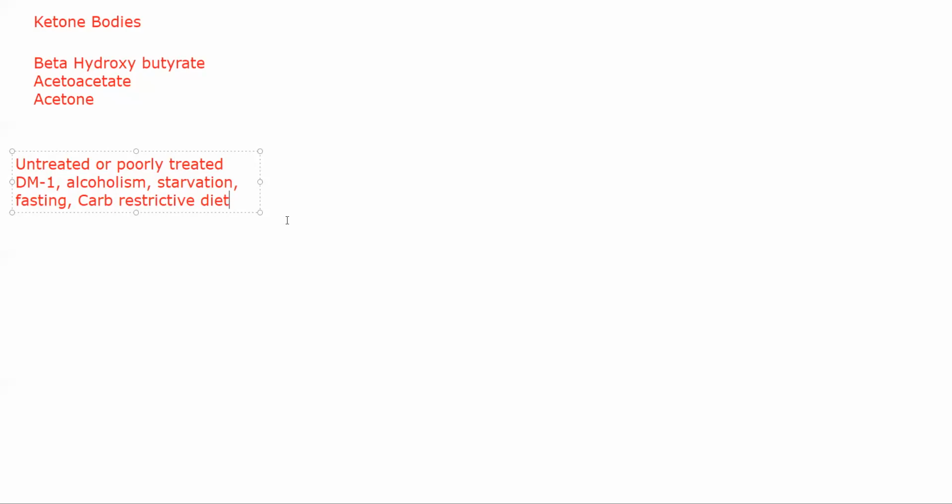Now, in type 1 diabetes, glucose cannot go inside the cells. In alcoholism, excessive aldehyde will be present in your body and will start inhibiting the function of your liver. In starvation, you do not have any food altogether.